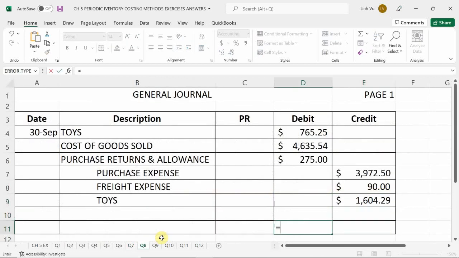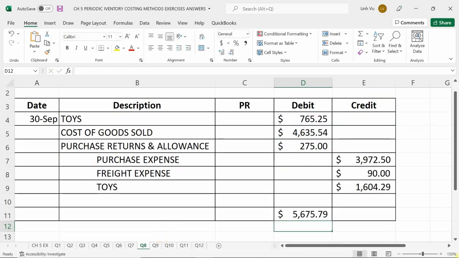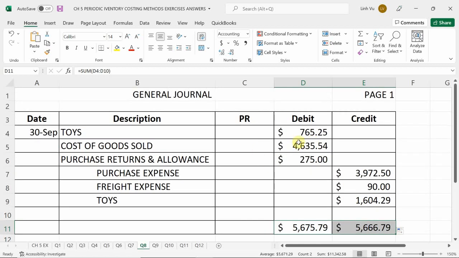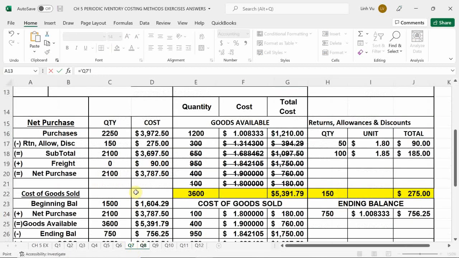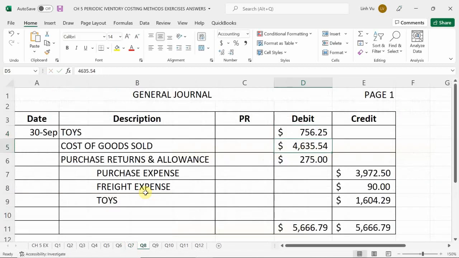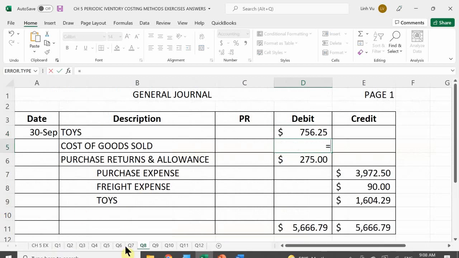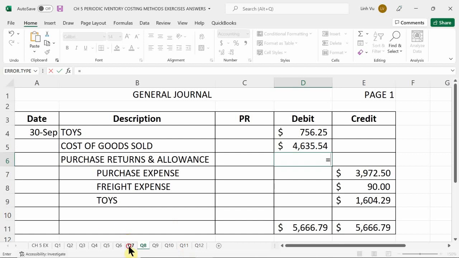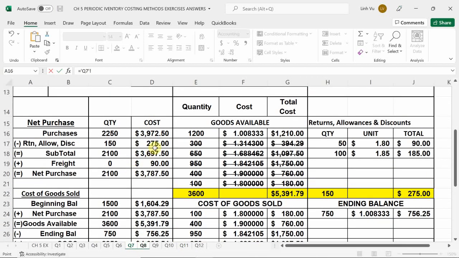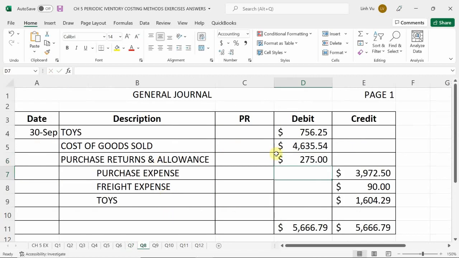1604.29. Last but not least, you need to check to make sure that your journal, your total debits of $5,675.79, matches your credits. I'm off. Okay, let me recalculate that. Okay, so let me see. This was this. This was this. And my returns and allowances was 275.